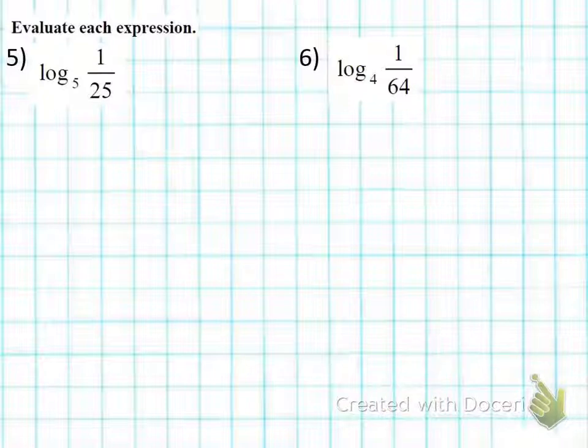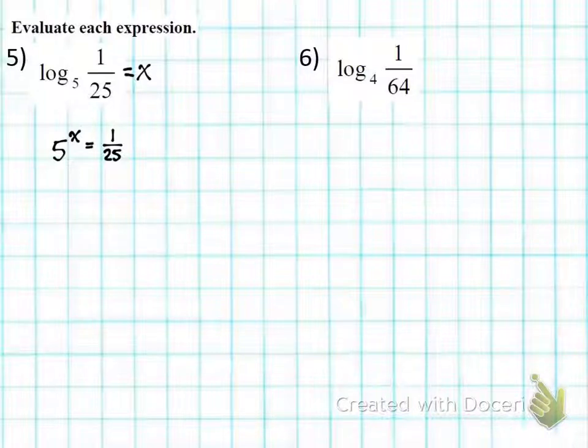Continuing, number 5. I'll do this one, and then you'll be able to do number 6 by yourself, okay? So number 5, I'd still do the same thing. It's going to be this whole logarithm equal to x. Then I'm going to rewrite this as an exponential equation. We have 5 to the x is equal to 1/25. Okay, and I'm trying to find a common base.